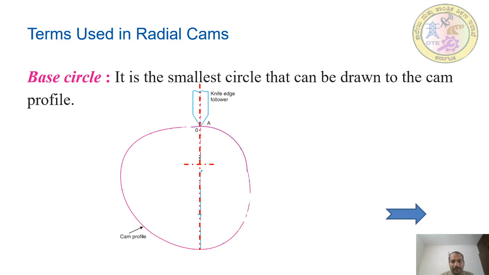First, identify the shortest distance from the center of the cam to the cam profile. Take this shortest distance as radius, draw a circle, and this circle is known as the base circle. So the base circle is the smallest circle drawn from the center of the cam to the cam profile.